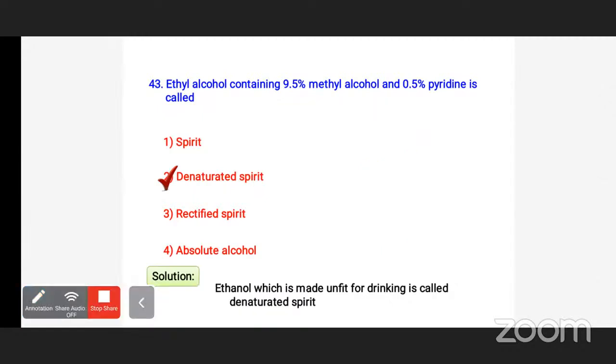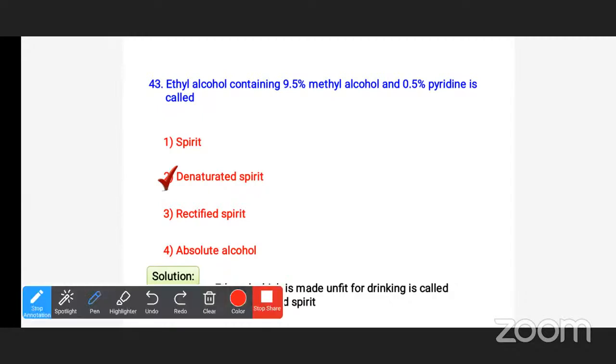So ethanol which is made unfit for drinking is called denatured spirit, by denaturation. So 9.5 percentage and 0.5 percentage. Option is the second one, denatured spirit.